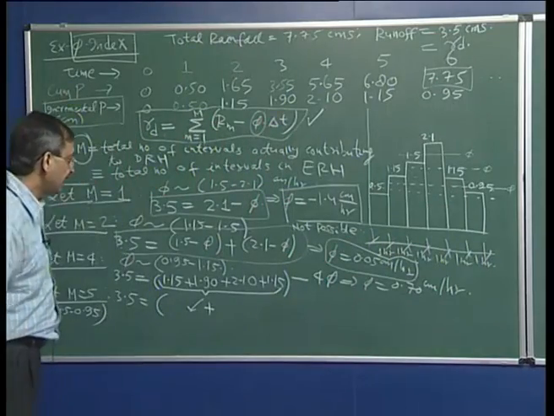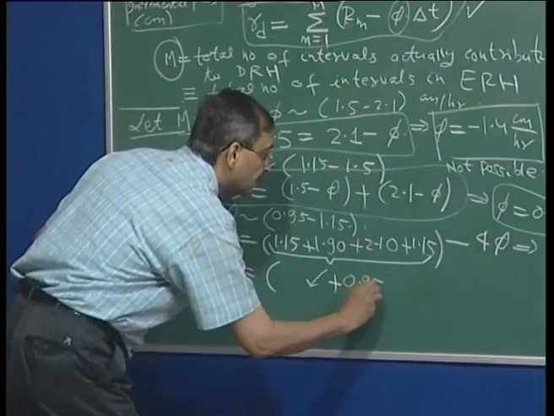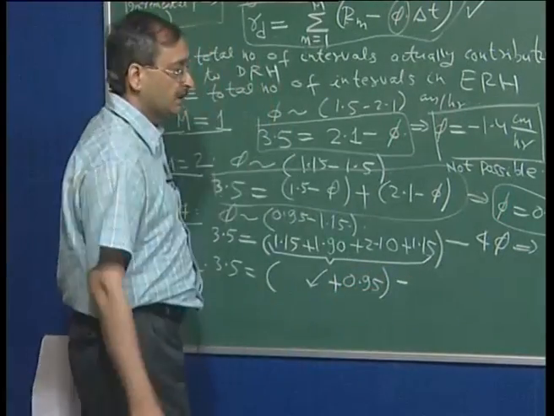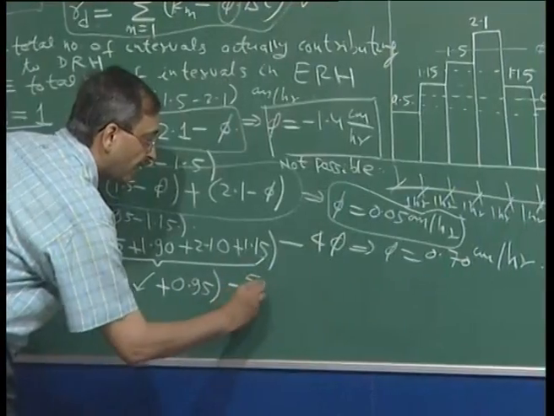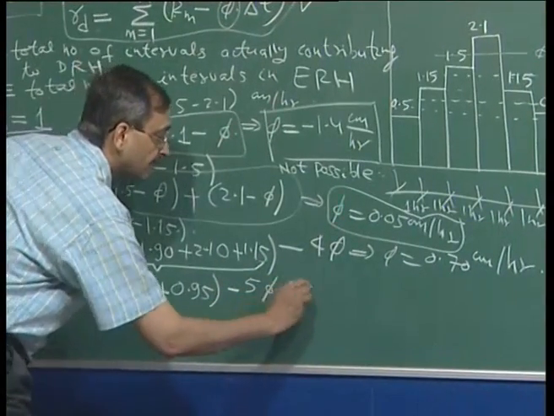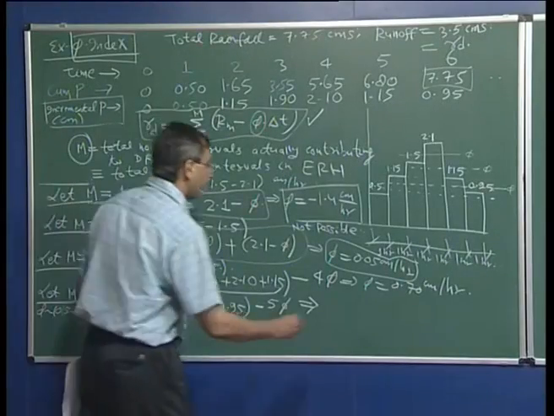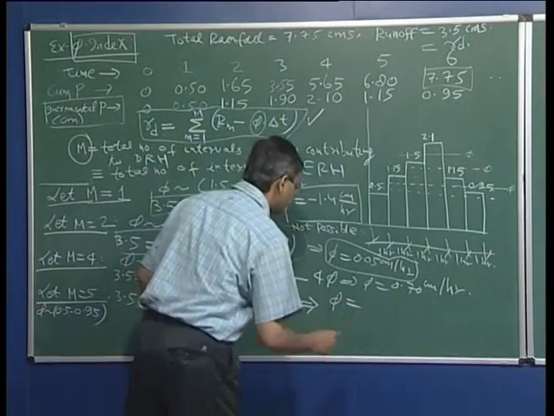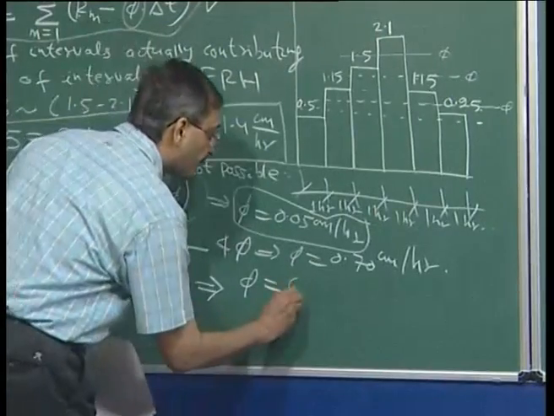I think you can see that. So, all of this plus 0.95 minus what? Now, we have 5 terms, so it will be 5 phi. You should be able to calculate your phi is equal to what? It will come out to be 0.75.